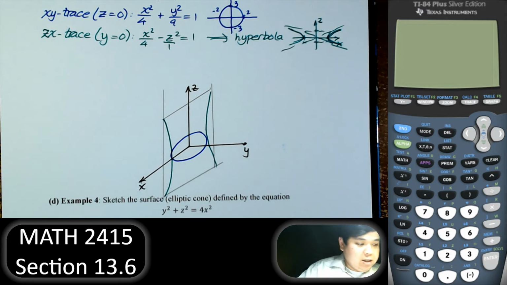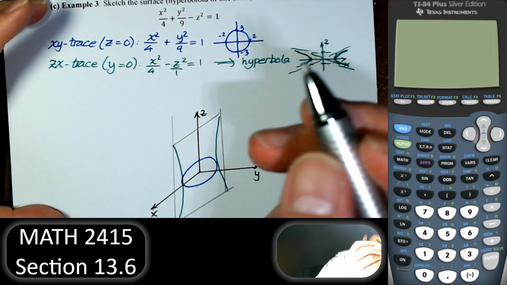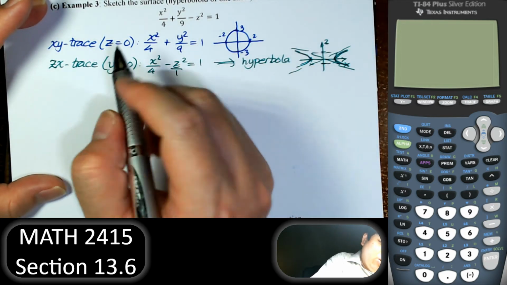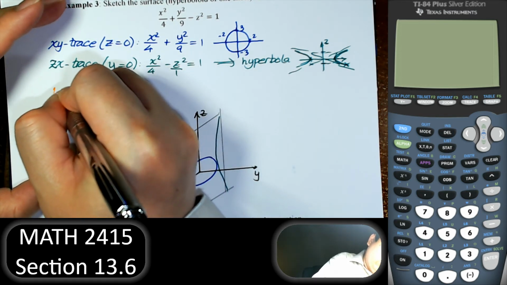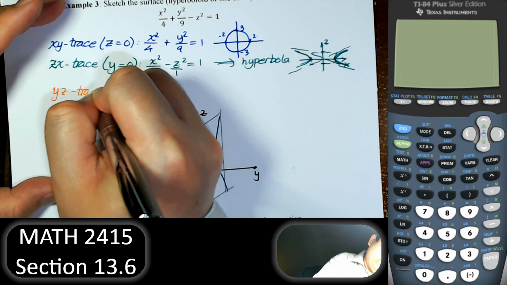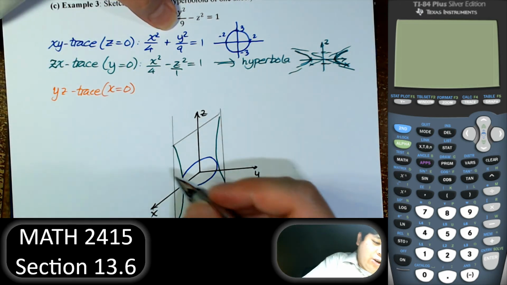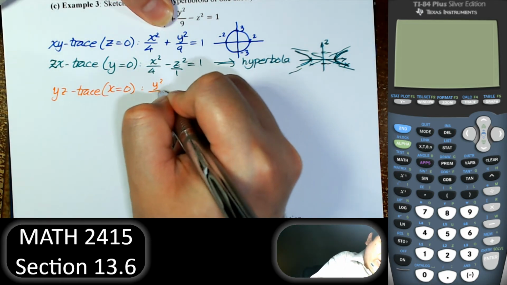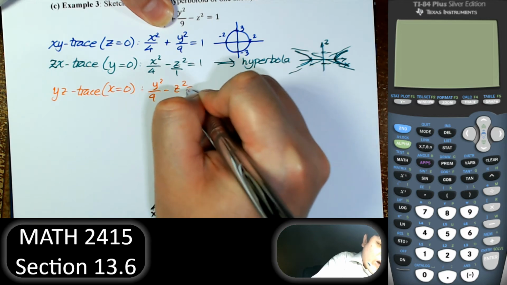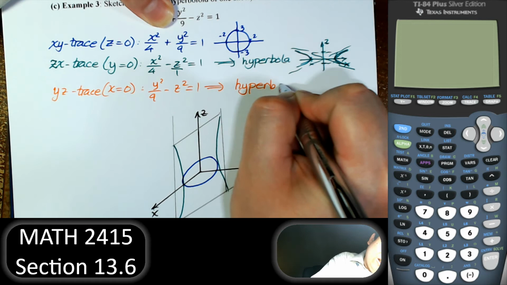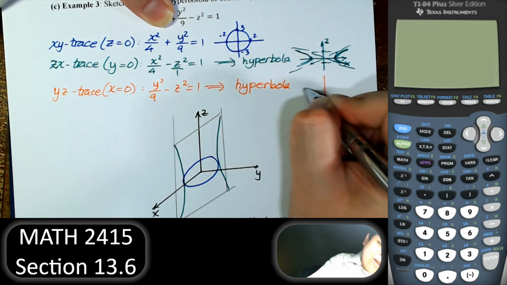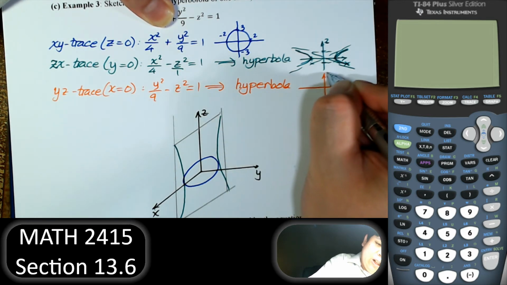Right. Now we let z equal to 0, y equal to 0. Now we let x equal to 0, which will be the yz trace. x equal to 0, y squared over 9 minus z squared equal to 1. That is also a hyperbola, open in the y direction.